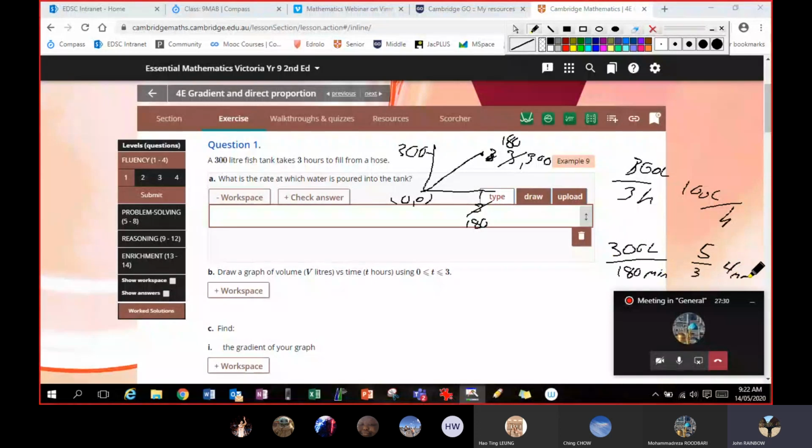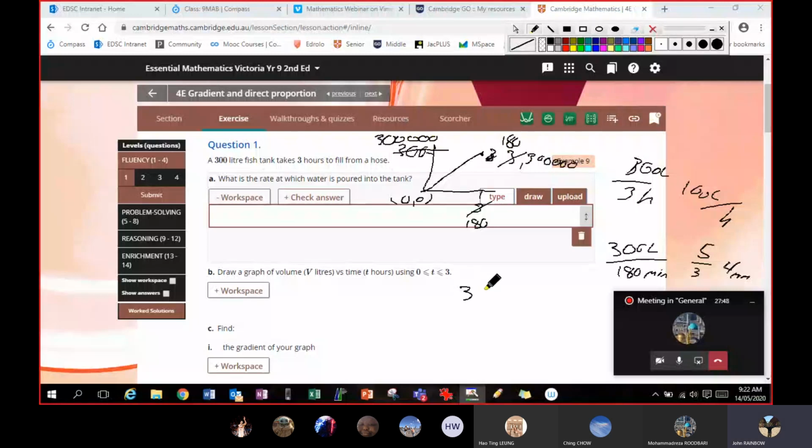Now, if I wanted to know how many millilitres there were per minute, I'd need to change this to millilitres. So 300 litres would be 300,000 millilitres. Again, I can just find the gradient between any 2 points.